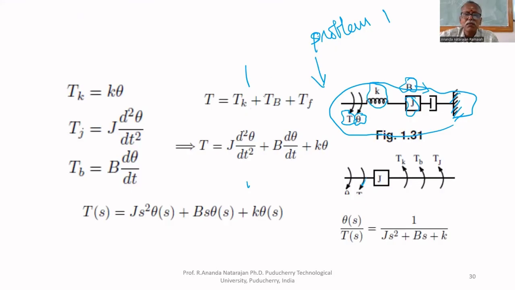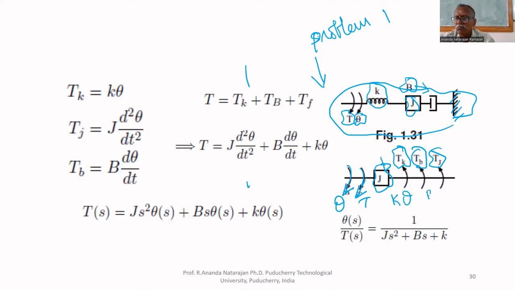We can write the mathematical model. If you draw the free body diagram, for J the applied torque is T. Because of that, that end has a displacement of theta. The reaction torques are Tk, Tb, Tj. Tk is equal to K theta.